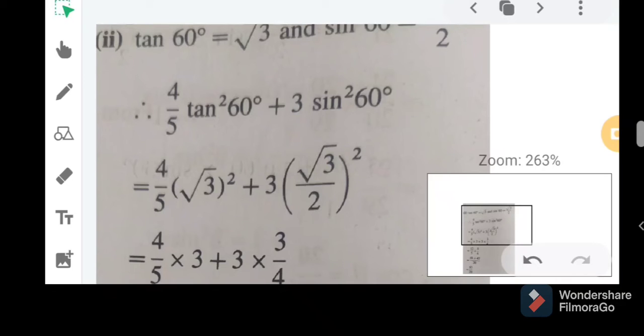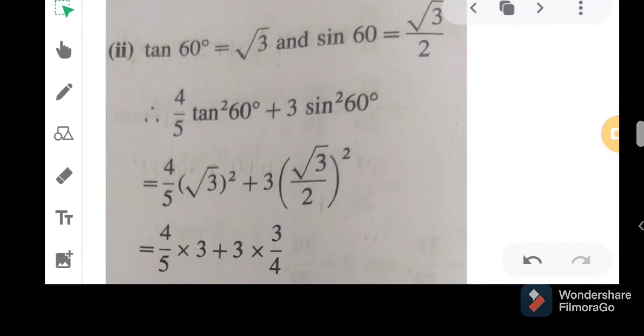Okay friends. Now the next example is tan 60 equals root 3 and sin 60 equals root 3 by 2. Then find the values of, this is another type of example in which the values of the ratios are asked.